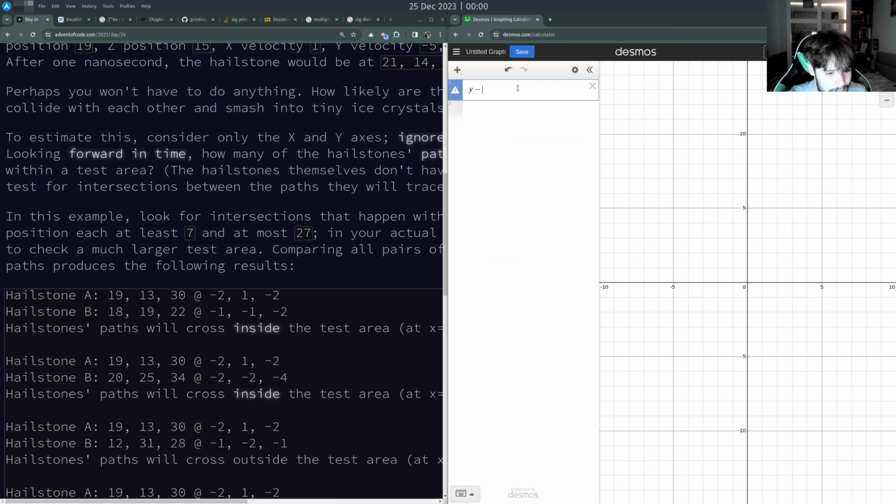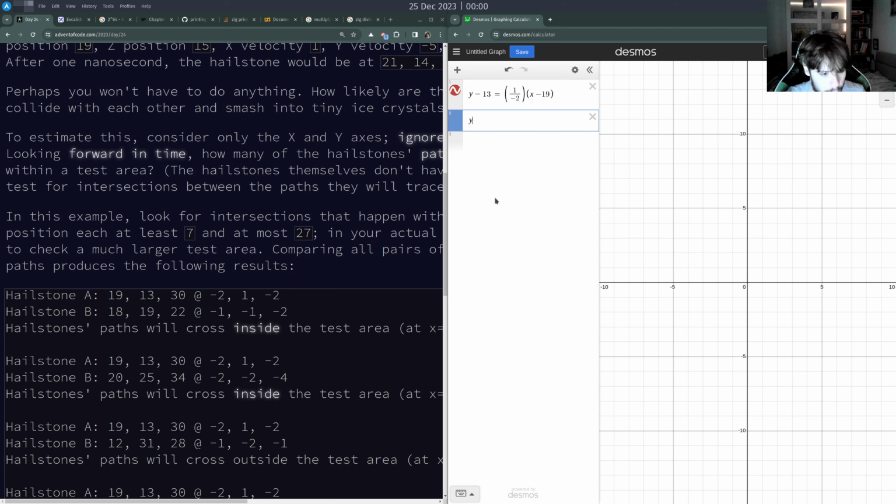y minus 13 equals x, 1 over 1 over minus 2 x, take away 19.